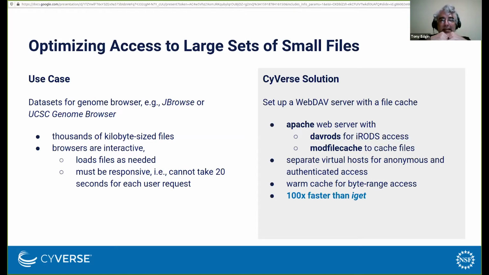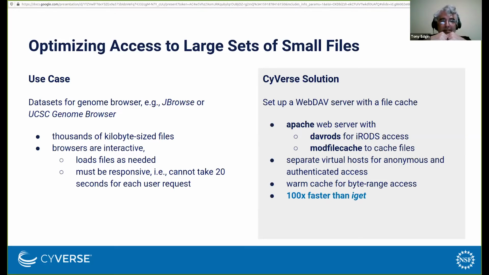To work around that, if you know a certain set of files is going to be used heavily by the UCSC Genome Browser, you access them all in their entirety, and that forces them into the cache, thus warming it. Then the UCSC Genome Browser response time greatly reduces.